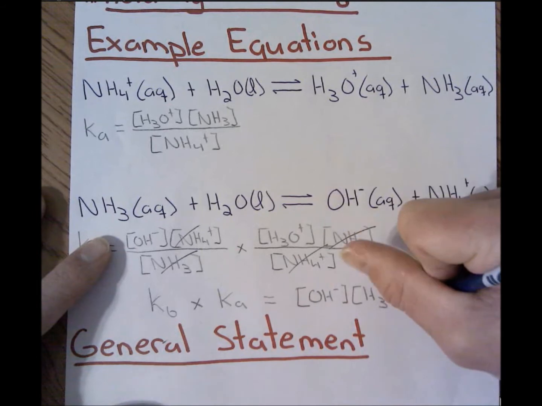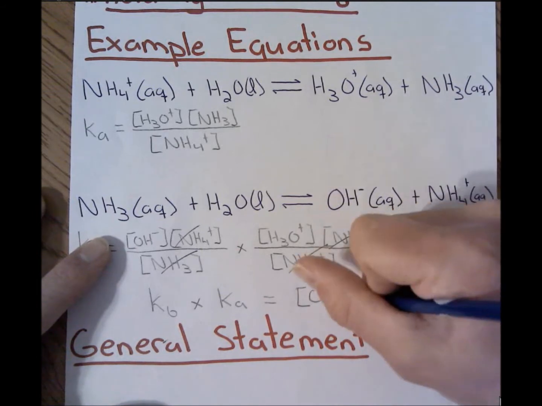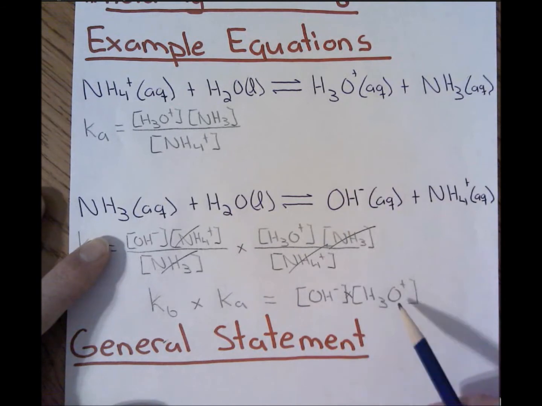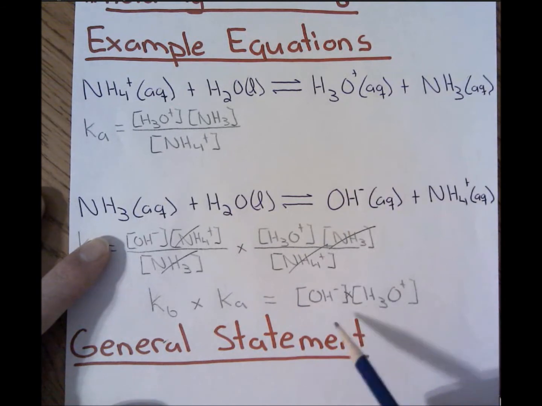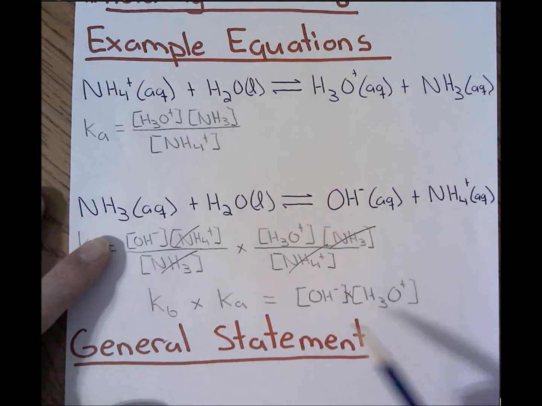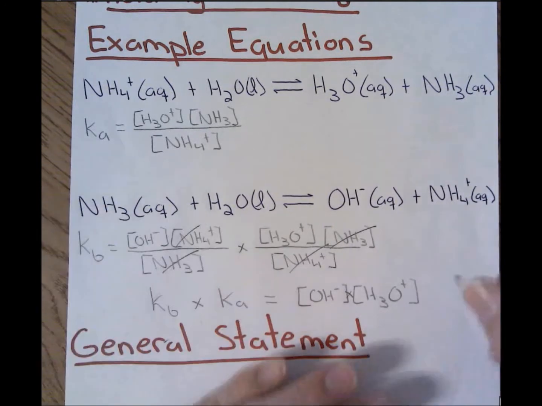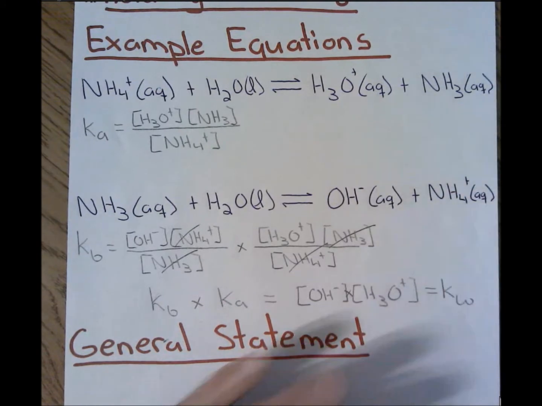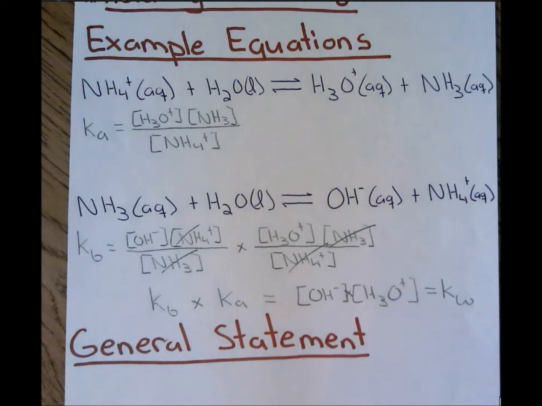This should look very familiar, because the concentration of OH minus times the concentration of H3O plus is just equal to Kw. We talked about this early on in our acid-base unit.